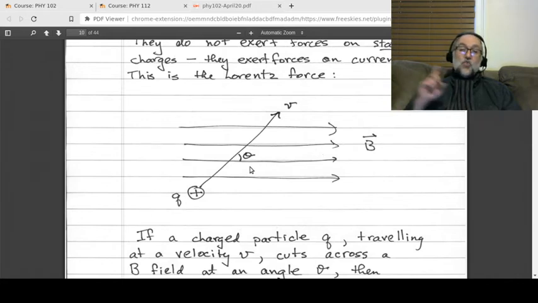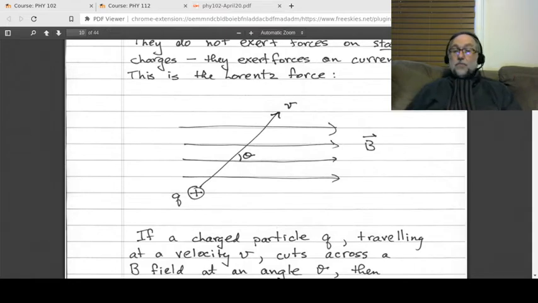The direction of the force is perpendicular to both v and b, so it's either into or out of the page. To determine which, you rotate from v to b, point the fingers of your right hand in the direction of the rotation, and your thumb will point in the direction of the force if it's positive. If it's negative, you have to flip the direction.